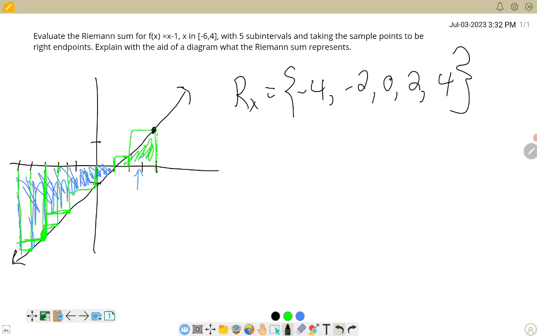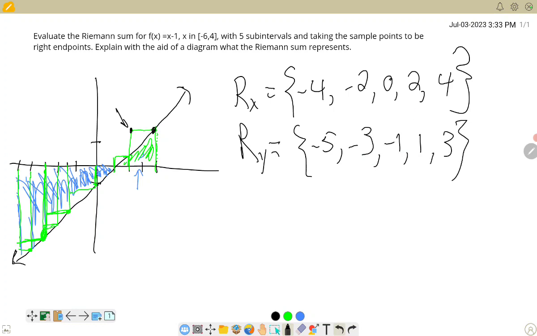By the way, if it was left endpoints, the left side would have to be on the curve rather than the right side. And we also want to know the y values of those right endpoints. So obviously it's just each of these values minus 1, so that's minus 5, minus 3, minus 1, 1, positive 3.